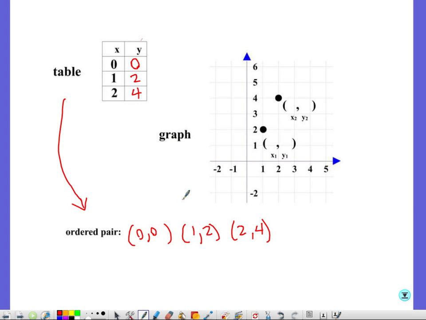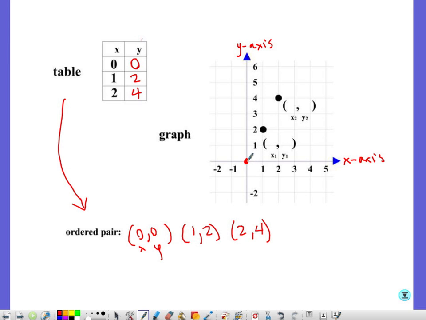Now once you have your ordered pair, you can go ahead and take them. Each ordered pair has the x and y coordinates. We can take these ordered pairs and graph them on an x and y plane. So here's the x-axis. This is also the y-axis.